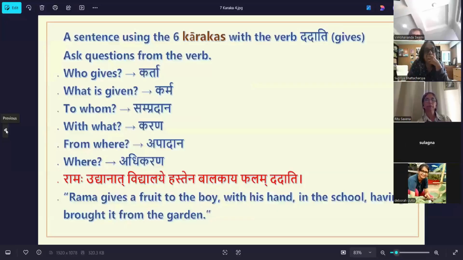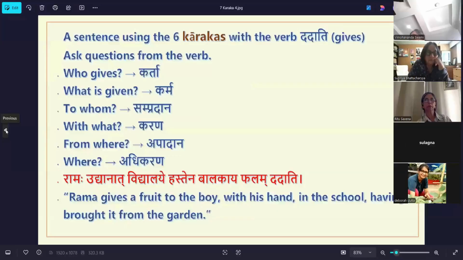Maharaj, if something is given to someone but for someone else, then what do we do? For somebody means that should also be sampradana. So we have to see the exact sentence and then we can say. If something is given for somebody else, then both are actually receivers. So one sentence we have to examine, then we will know confirmation.